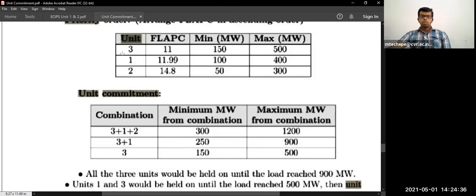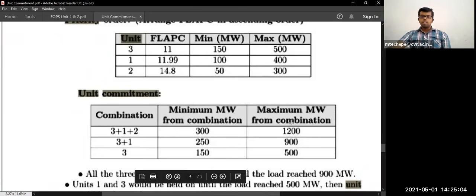So we have to go for the combinations: 3 plus 1 plus 2, then 3 plus 1, then 3 alone. For 3 plus 1 plus 2, minimum is 150 plus 100 plus 50: 150 plus 100 is 250, plus 50 is 300.